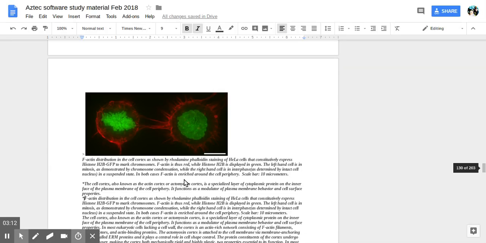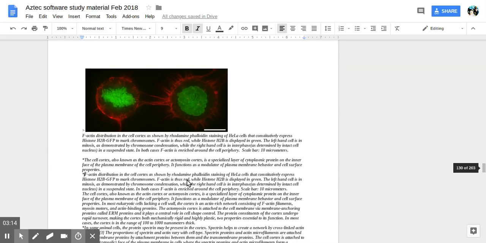This is a picture of F-actin, which is a microfilament. The subunit of microfilaments is actin. Ruben, you want to start reading that?